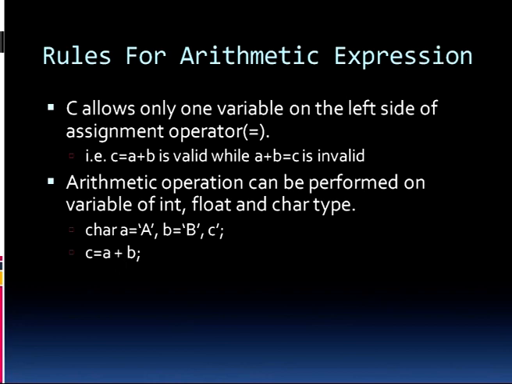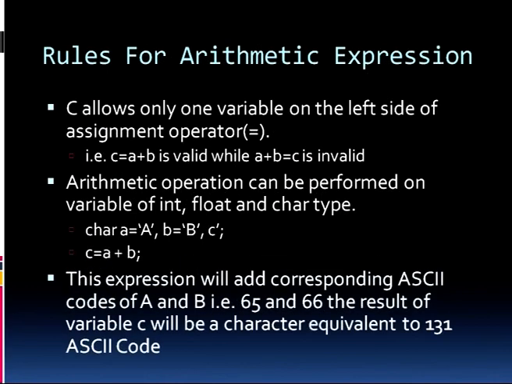This expression will add the corresponding ASCII codes of capital A and capital B. That is, 65 is the ASCII code for capital A and 66 is the ASCII code for capital B. So the expression c equals a plus b will add the corresponding codes of a and b and thus produce a result that will be held in the resultant variable c.